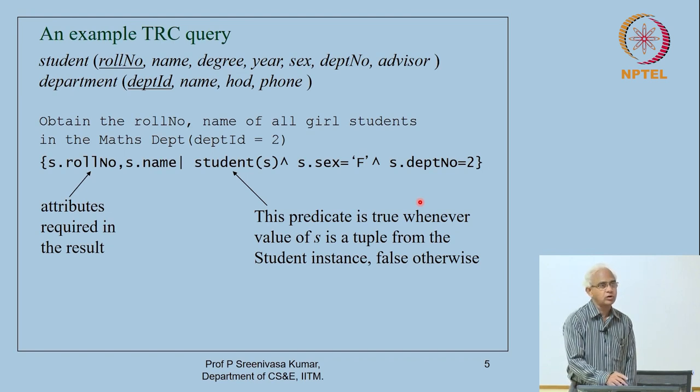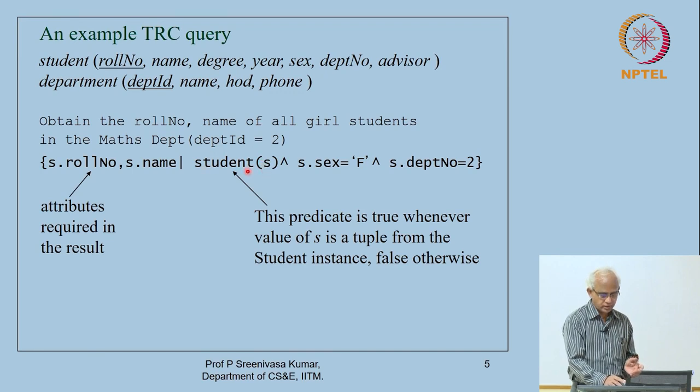We will consider all possible assignments to this tuple variable s, and the values are tuples here. For those values that are there inside the database instance student, the predicate student s will be true. When is the predicate student true? If you assign one of those tuples as the value for the variable, it is true, otherwise it is false.